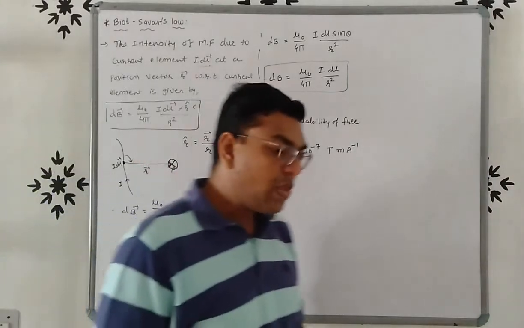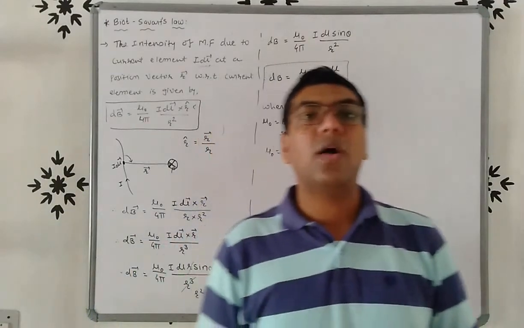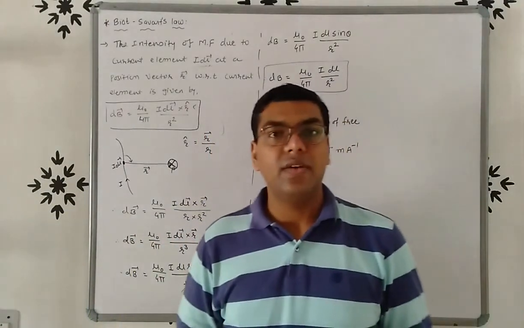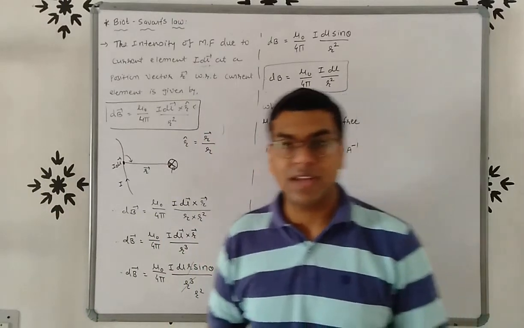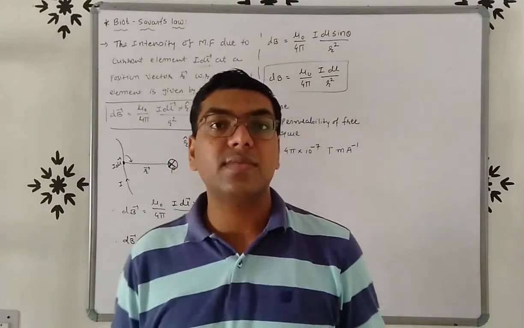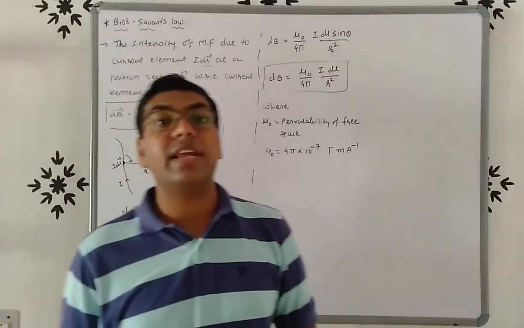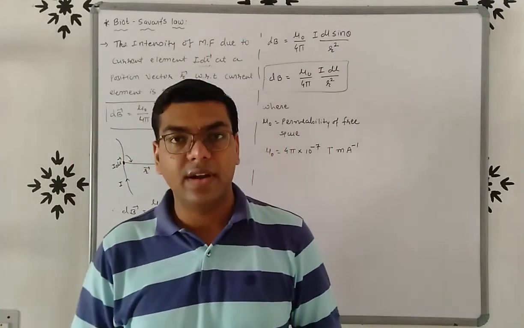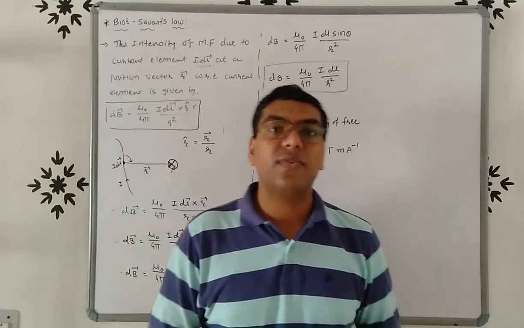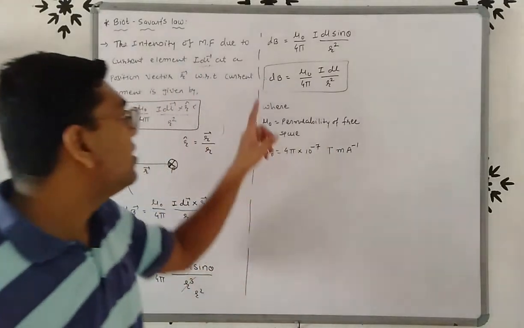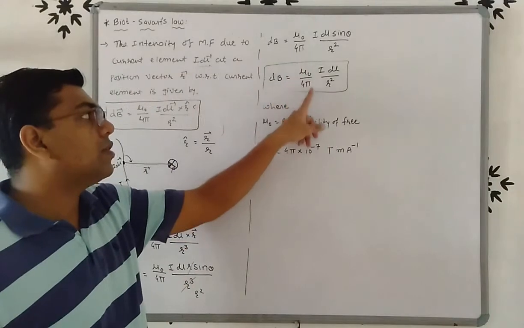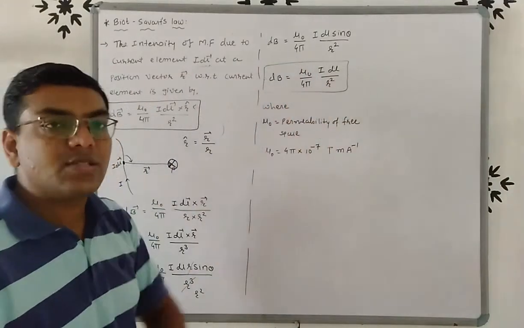Now we already know about the electric field. We know that electric field E is equal to kq by r square. So see friends, there is some similarity between the electric field and the magnetic field. From the formula of electric field, E is equal to kq by r square, and here magnetic field is mu 0 by 4 pi I dl upon r square.